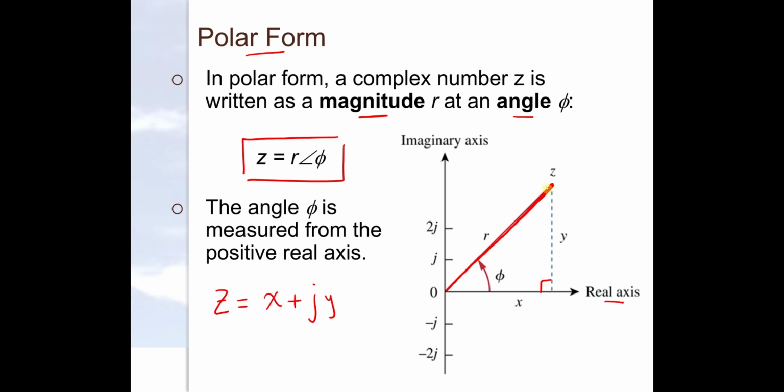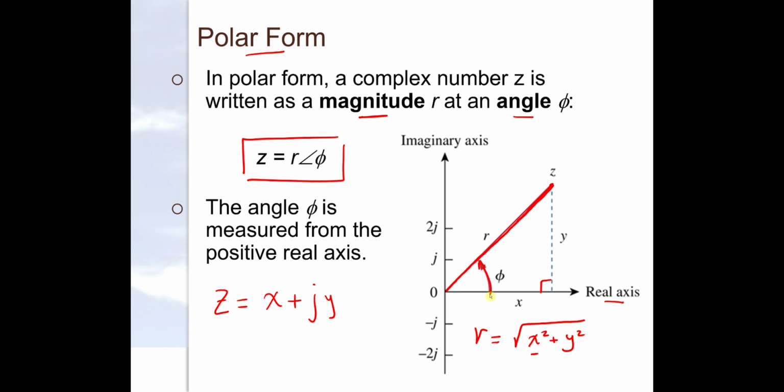Using geometry, we can see that r is equal to the square root of x squared plus y squared. So basically, the magnitude of the complex number is the square root of the real part squared plus the imaginary part squared.